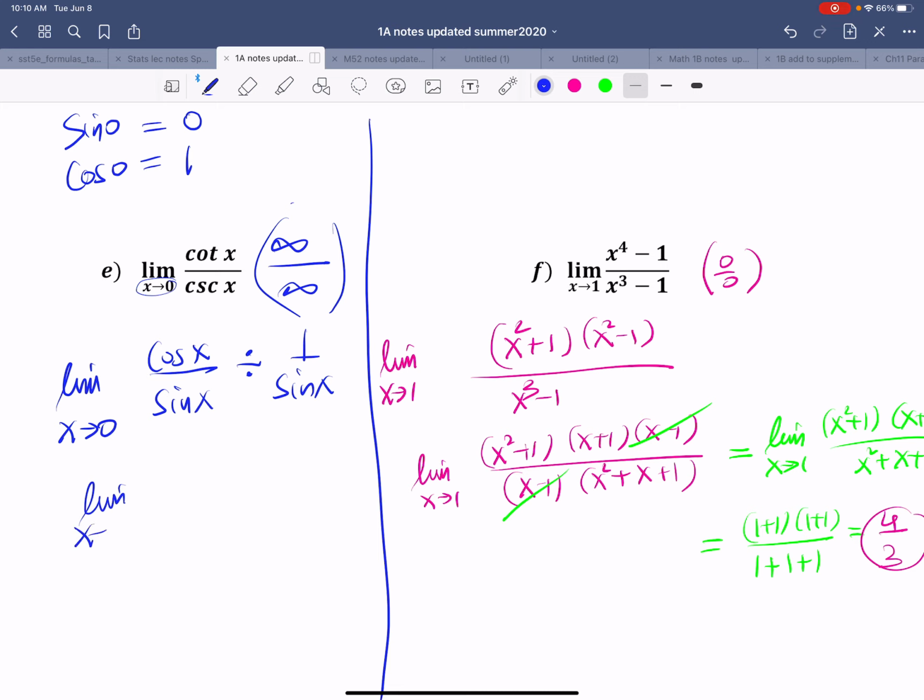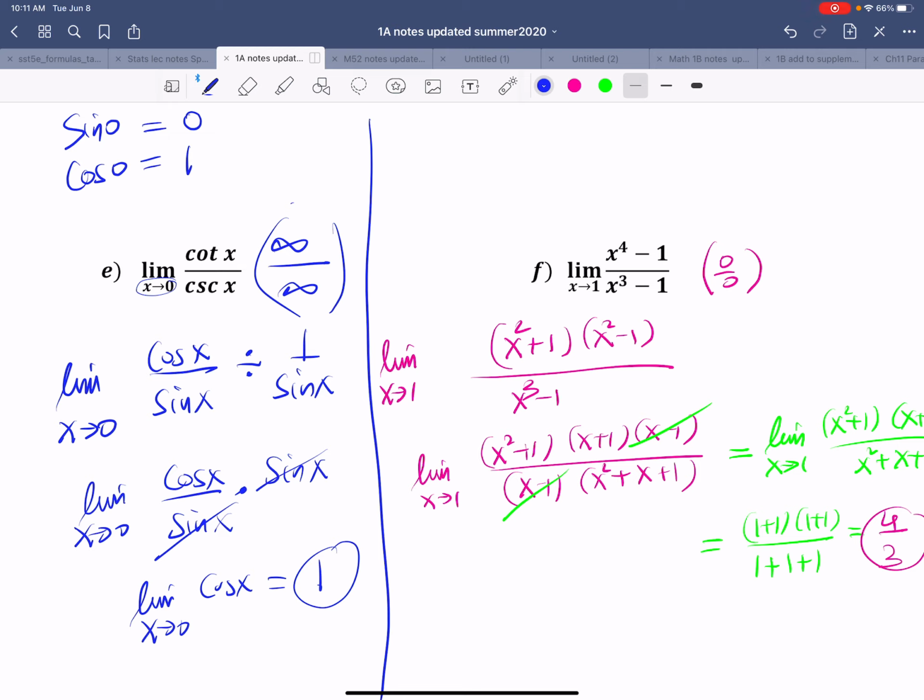So again, cos x over sine x, the division will change into multiplication, and we'll flip the term on the right hand side. This is going to leave me with, we can cancel the sine x and sine x, limit x approaches 0 of cosine of x, which is 1, and that's going to be our limit in this case.